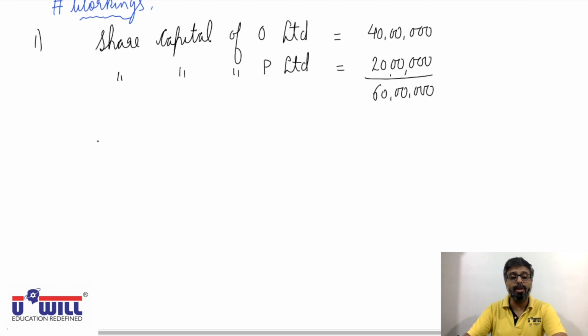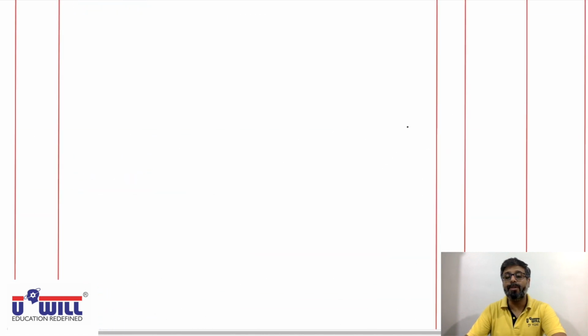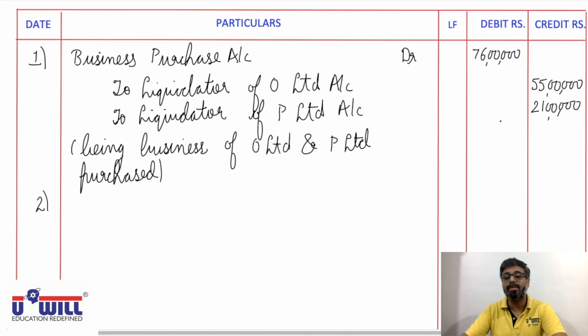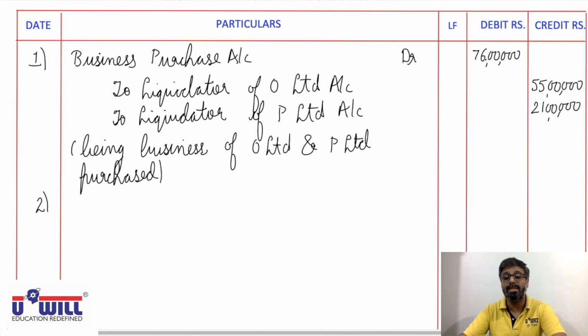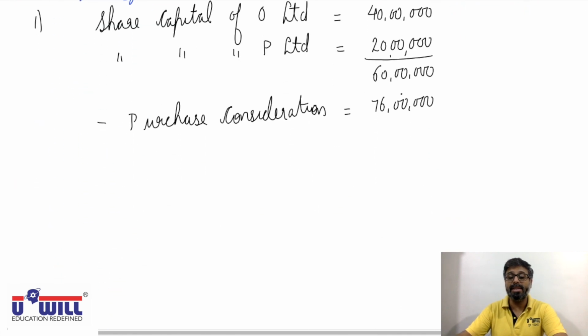Now against that we have to compare it with the purchase consideration. Against 60 lakhs, what is the total purchase consideration we are paying? 76 lakhs. From the first journal entry you can see the total amount, 55 lakhs plus 21 lakhs. Business purchase account debit with 76 lakhs. Now are we paying more or less?